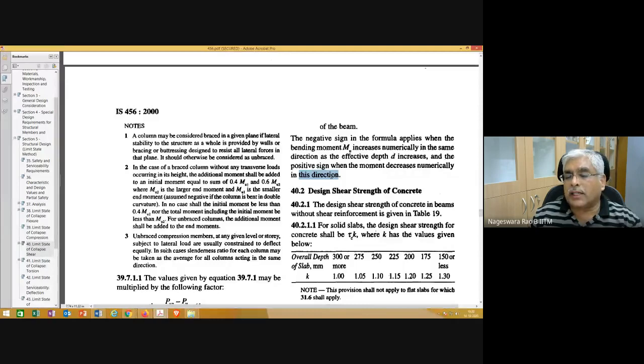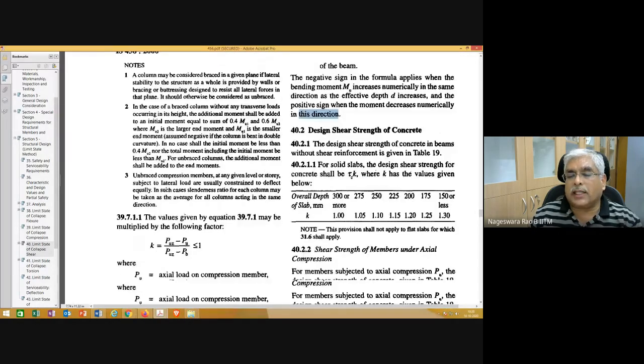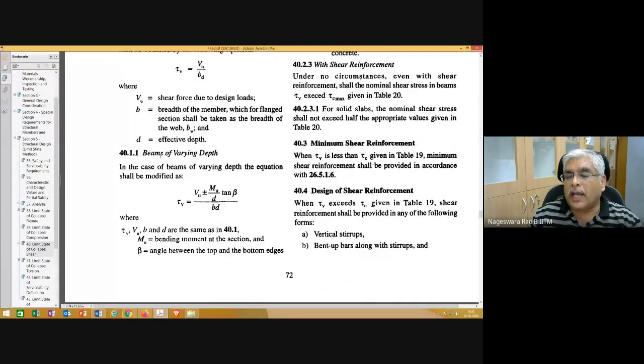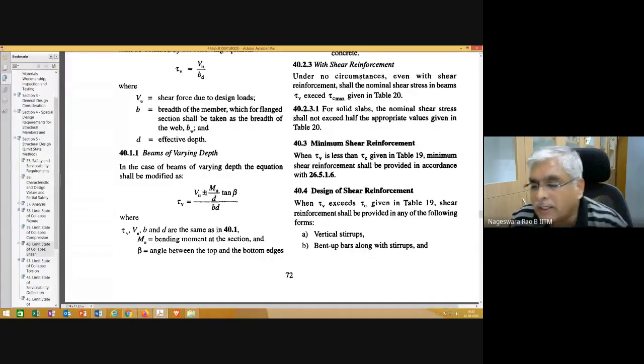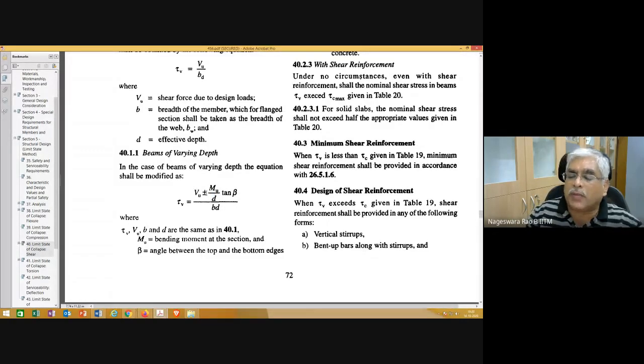Any questions here? So given a section, if the section turns out to have varying depth, and once the loading is given, you should be able to find the bending moment and shear force at any section. Based on that information, you can see whether the increase in bending moment is in the same direction as the increase in the effective depth or not.